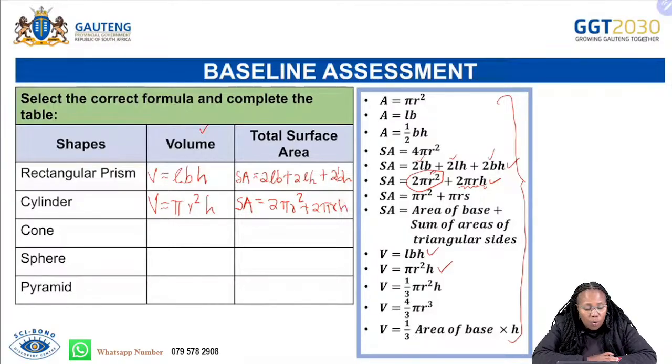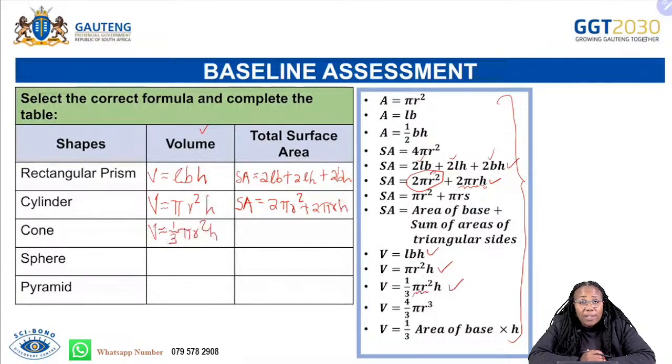And then with the cone now, a cone, remember, has a circle, and then something like a triangular shape. With the cone we have a volume which is 1/3 pi r squared h. Can you see it involves a circle there?